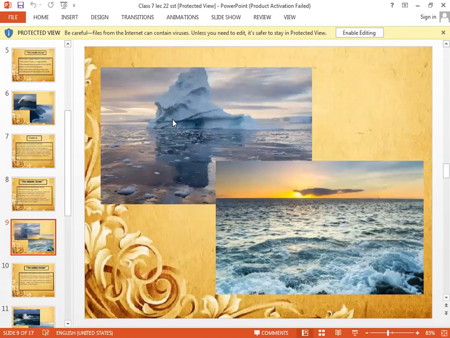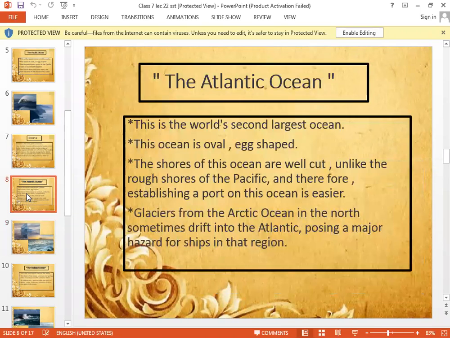And sometimes the glaciers of the other oceans also drift into the Atlantic Ocean. It means कि जब वो ग्लेशियर्स पिघलते हैं तो उनका पानी आहिस्ता आहिस्ता इस ओशियन में भी आता है. And you can see the beautiful picture of the glacier which is going to drift in the Atlantic Ocean. And this is also another picture of the Atlantic Ocean. Is it clear? Any confusion?